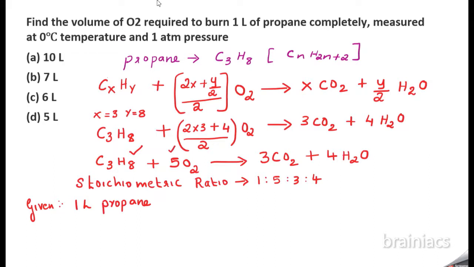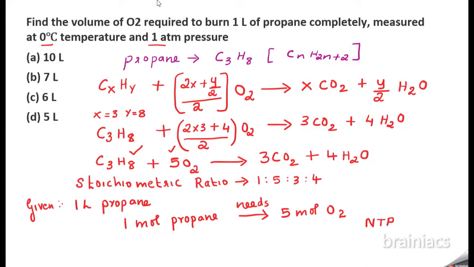As per stoichiometry, first I will write in terms of mole. 1 mole propane needs how much oxygen? 5 mole oxygen. Now we know that it is at 0 degrees Celsius and 1 atmospheric pressure, so they are talking about NTP. What is the difference between STP and NTP?